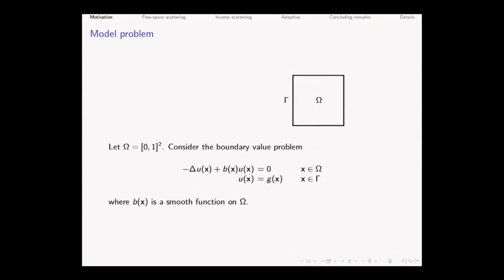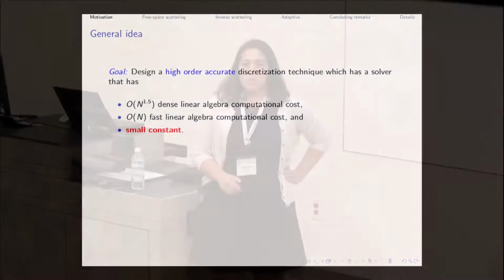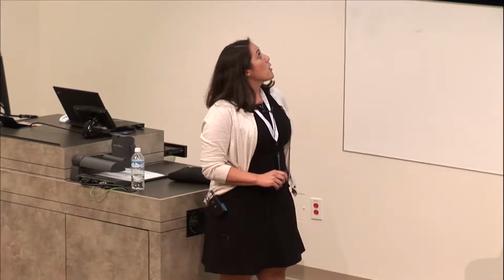This is going to be our poster child for this talk, just the Helmholtz problem with a smooth coefficient here. Our geometry is a square, and it's Dirichlet boundary data. And our goal in creating this method, as I said before, is to create a higher order discretization technique so that we can get high order accuracy.